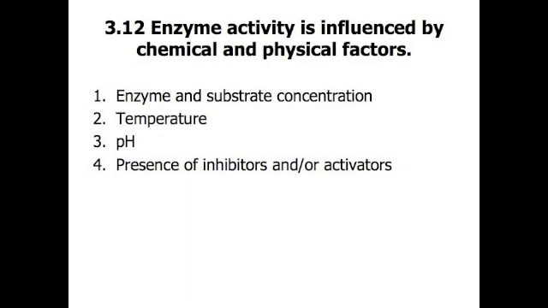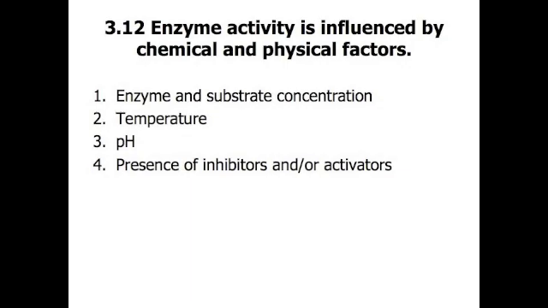Secondly is temperature. Because molecules move faster as temperature increases, reaction rates generally increase as temperatures rise. However, reaction rates continue to increase only up to the optimum temperature for an enzyme. At temperatures above the optimum, reaction rates decrease as enzymes lose their shape.